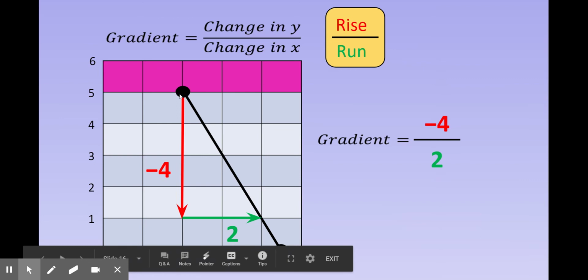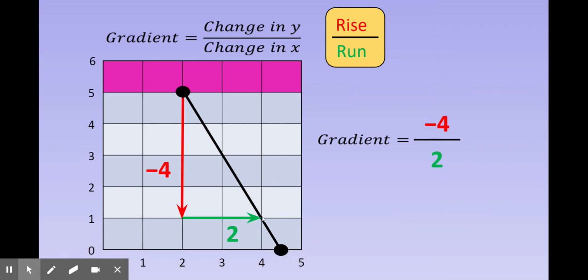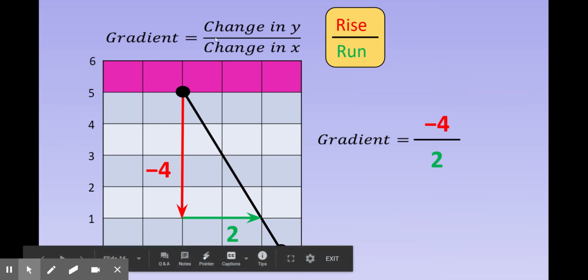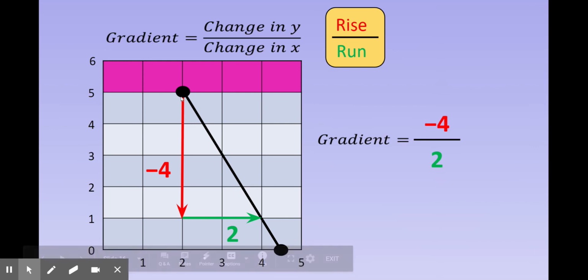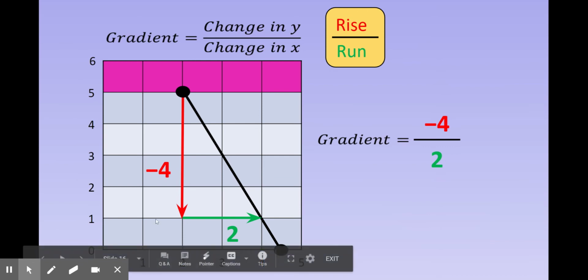So we're choosing a triangle to identify the steepness, and the triangle goes from one corner or vertex of a square to another. Here in this case, a triangle is sketched from 5 to 1. It's 4 squares down, which is minus 4 divided by 2.